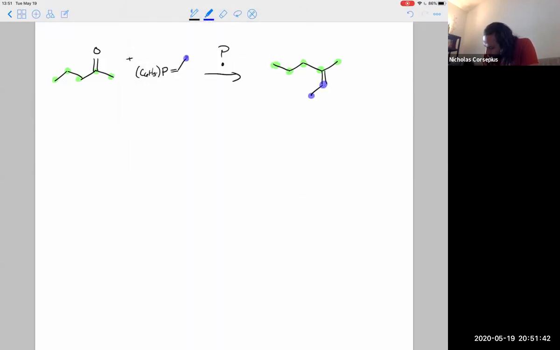These 2 carbons here were on the other side of my ylide. What happens in these reactions is your carbonyl double bond breaks, your phosphorus carbon double bond breaks, and those 2 ends get fused together.